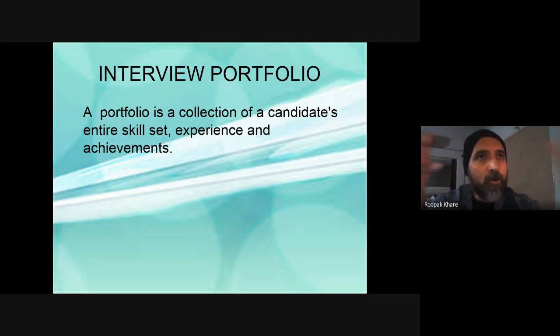Like if you have been a model, you can have your photographs compiled into one album. If you have been a copywriter, some of your best advertisements that you've created. If you're an architect, you can take a compilation of your previous designs or successful projects. That is called a portfolio.